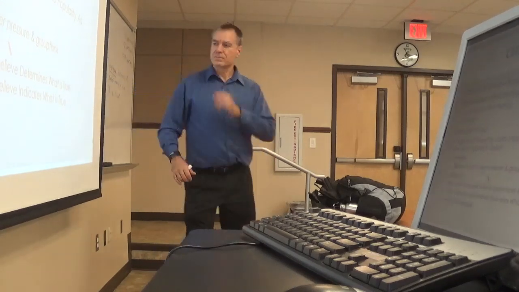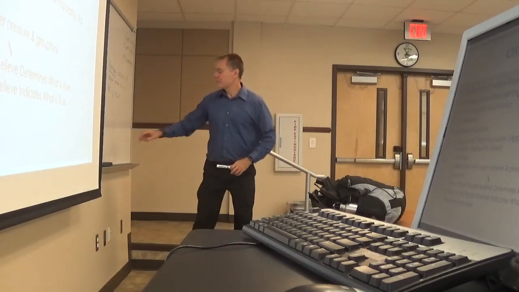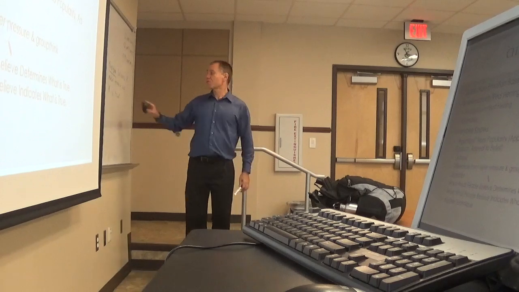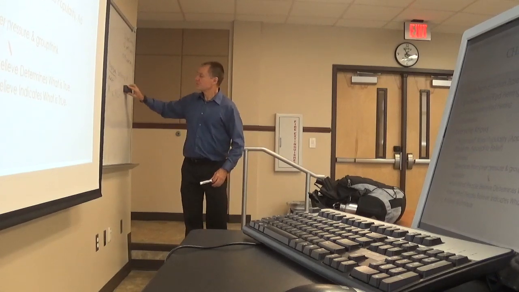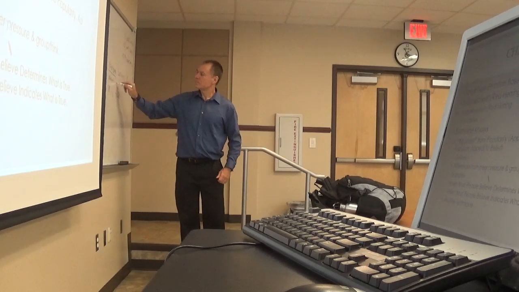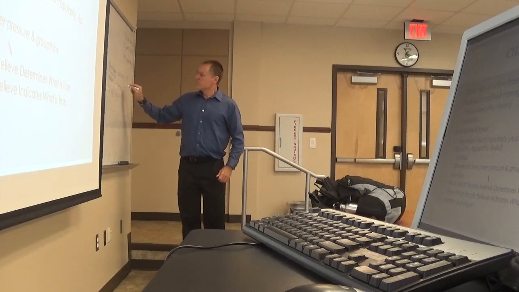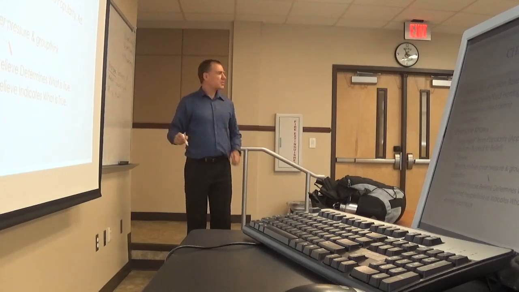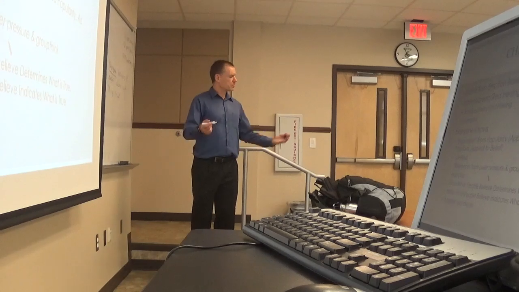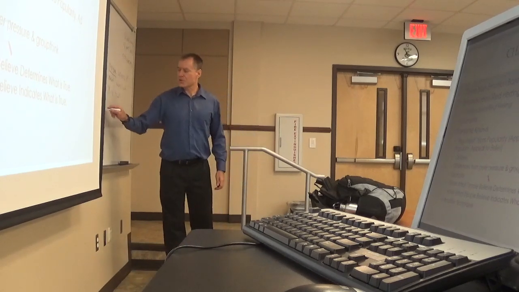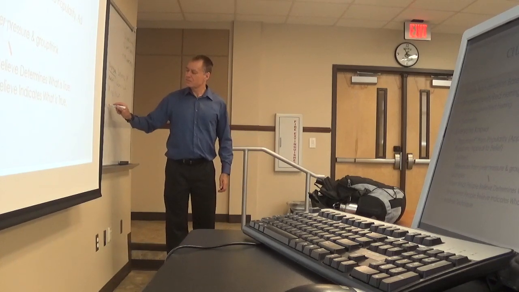Second category is belief doesn't make something true, but it indicates truth. And the authors of the book don't mention this, but this is what's called an argument from authority.